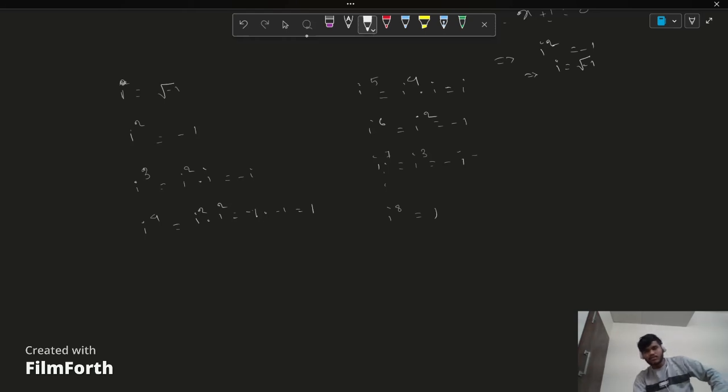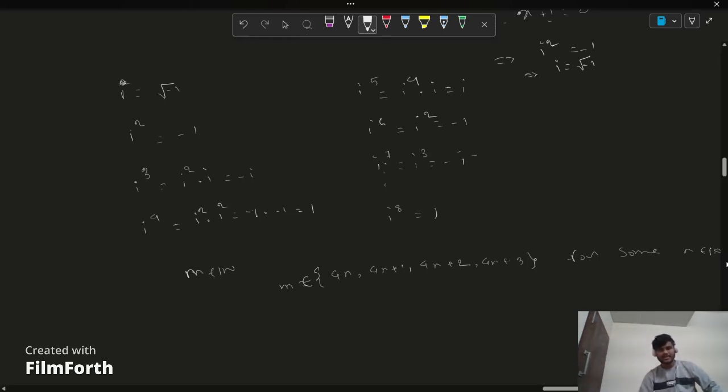Now we know that every natural number can be written in the following forms: 4n, 4n plus 1, 4n plus 2, 4n plus 3, for some n, because this is the modulo property, nothing else.